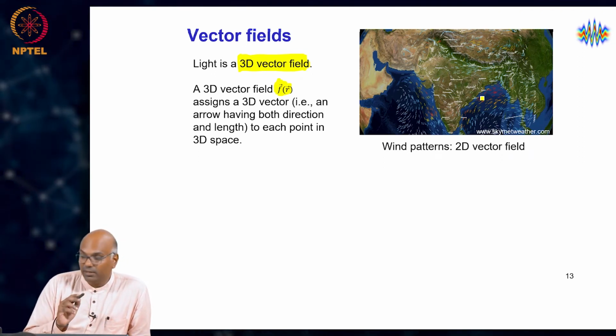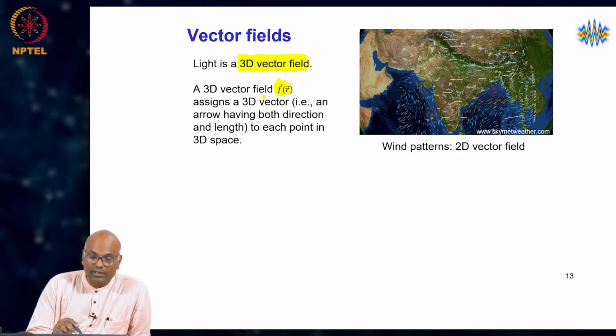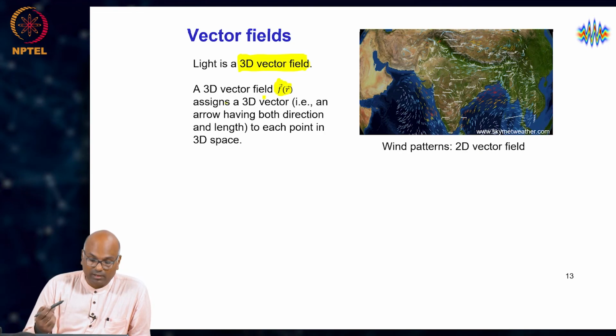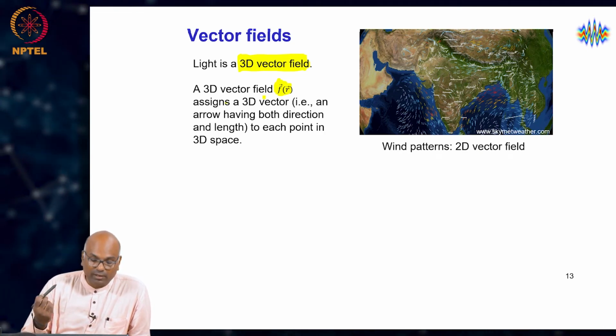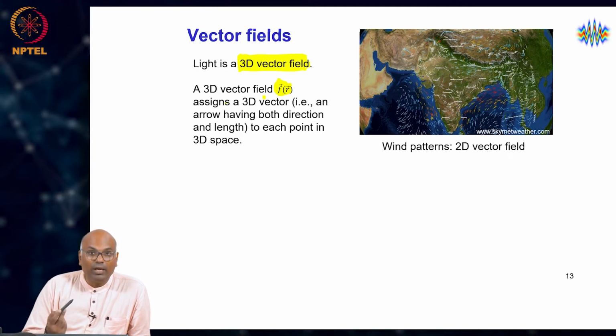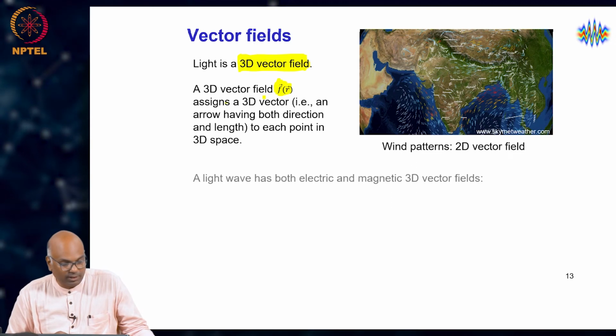But light is a 3D vector field. So, you have in general x, y, z, t in Cartesian, r, theta, phi in another coordinate system, and so on, where the electromagnetic wave has a value at every point in space.